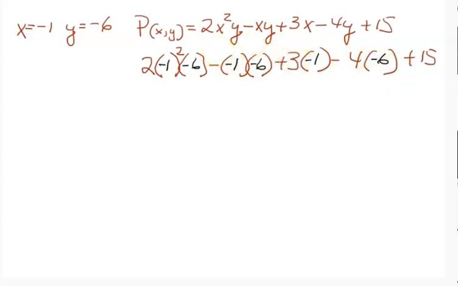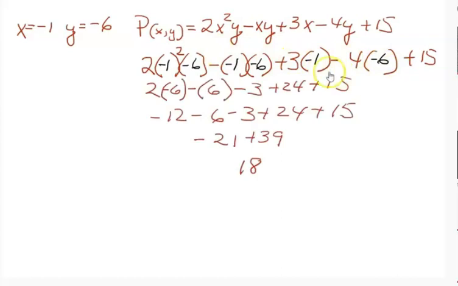So we'll pause and we'll see what we get here. All right, this took some time, but worth the effort because it's one of our most challenging here. So here's a little tricky. -1 squared became a +1. So +1 times a -6 is a -6 that you're later going to times by 2.